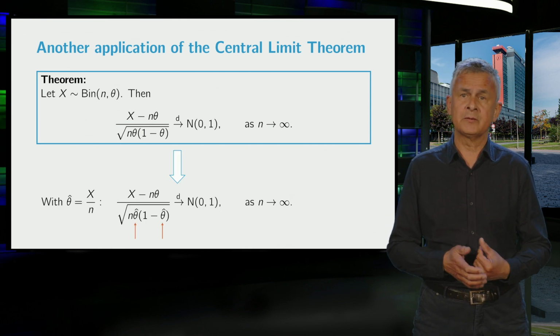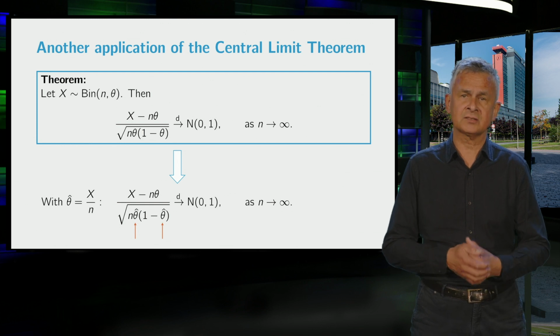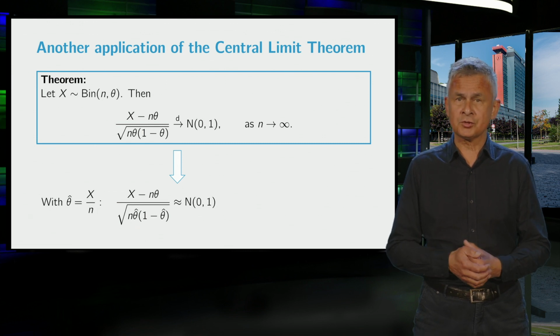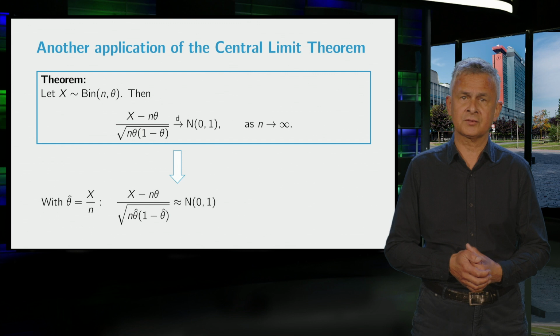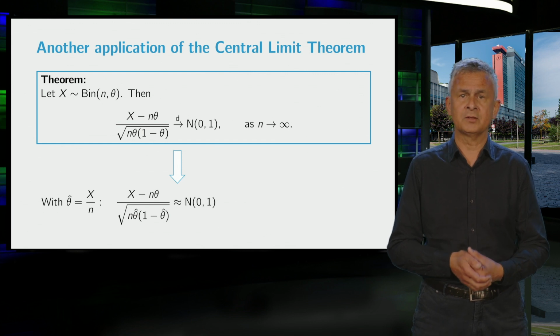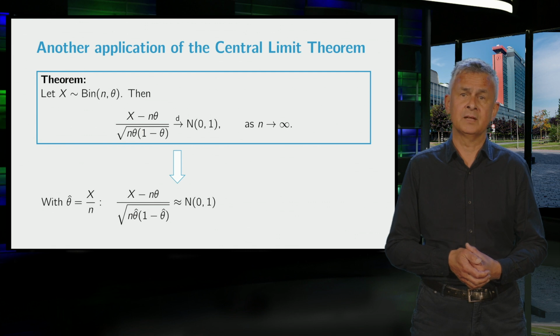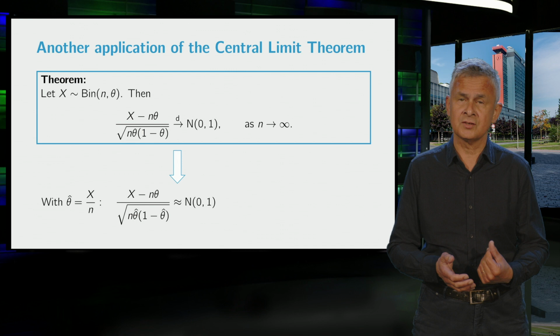It turns out that if we replace theta in the denominator by its estimate, theta hat, the limit statement is still valid. So the distribution of this standardization of x can be approximated by a standard normal for large values of n. And therefore, also this standardization of x is a near pivot.